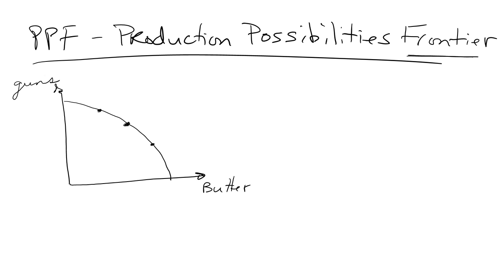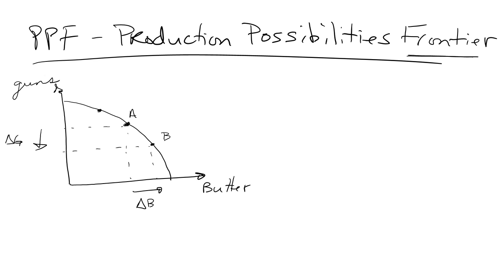What we're going to find out is that if you sit here at point A and you would like to get more butter, you could get down here to point B, which clearly has more butter. But in order to get down here to point B, you are going to have to give up some guns.